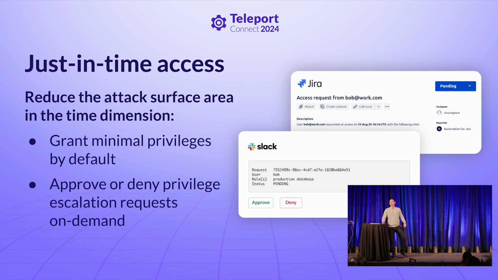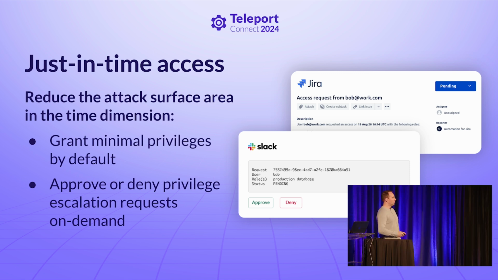But if there is something to do, maybe run a deployment, or maybe check some kind of monitoring anomaly, access needs to be granted just in time for this particular individual to complete the task and then revoked, which means that you're shrinking your attack surface area on the time dimension. Which means that every other laptop in the company is pointless to hack into, because that laptop never has access to anything. Again, access is granted only for a short period of time.